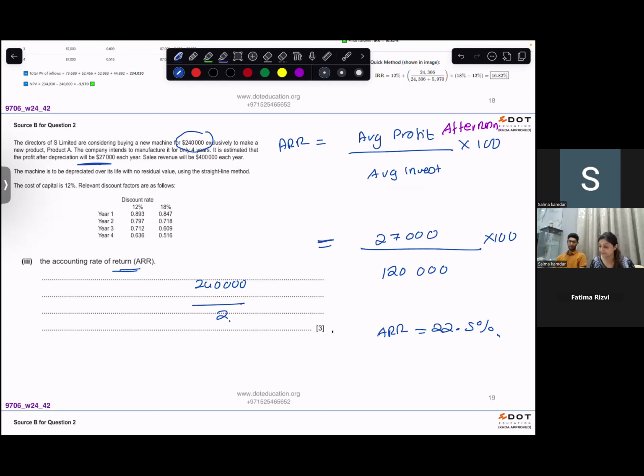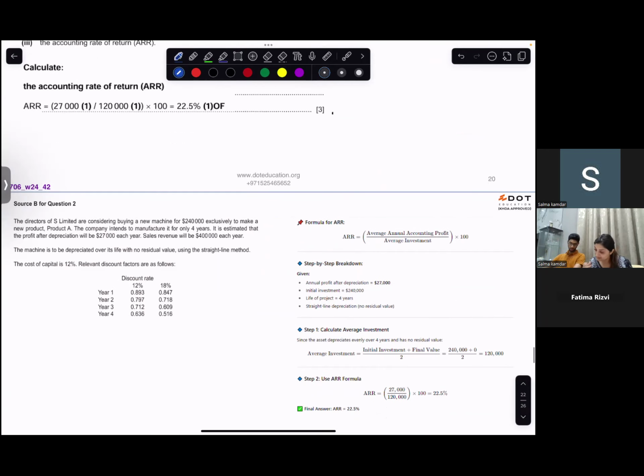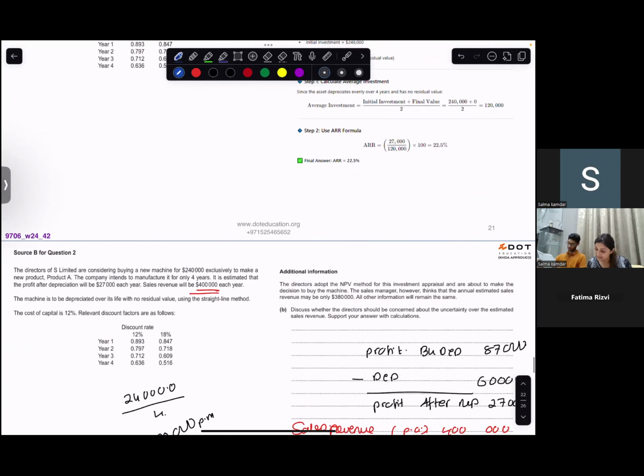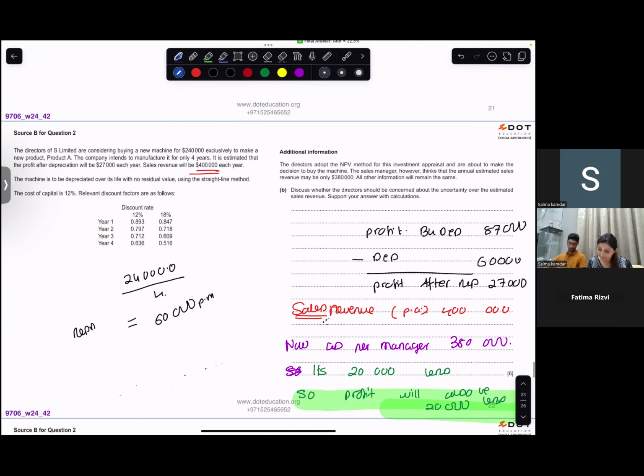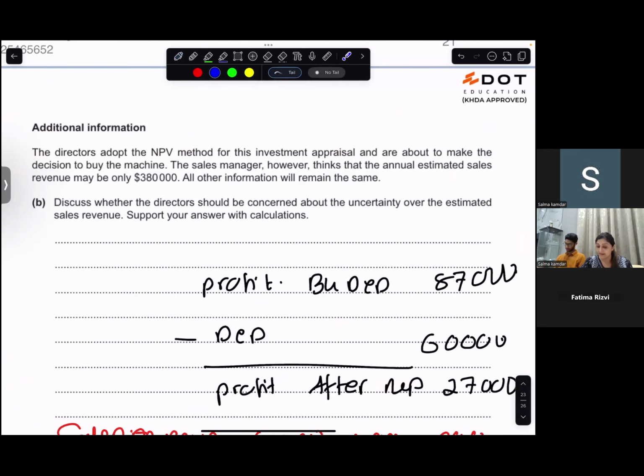Okay, fine. We go to the next part, which gives us additional information. The directors adopt the NPV method for this investment appraisal. That means they're going to find out whether they have to invest in this project or not by using the NPV method.